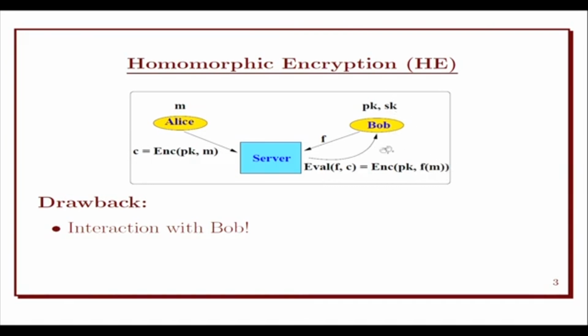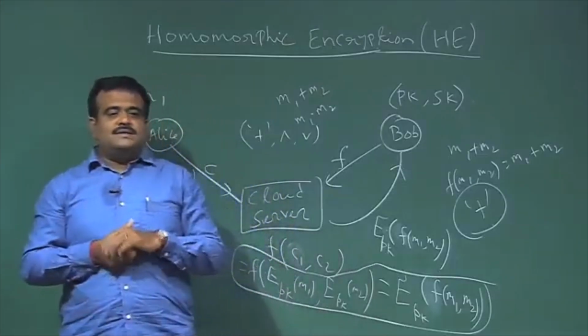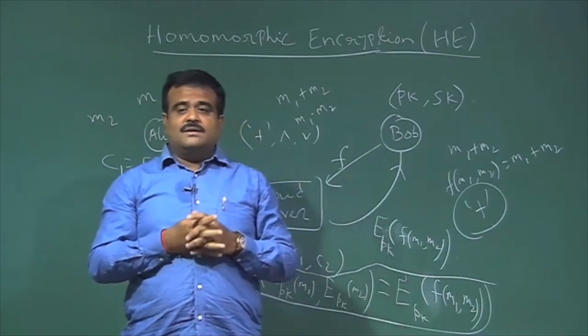Bob will apply the decryption operation on this and get back f of m. Bob needs only f of m, not m. Bob could get m and then apply f on it, but that may be an expensive operation sometimes, so instead the cloud is doing that.